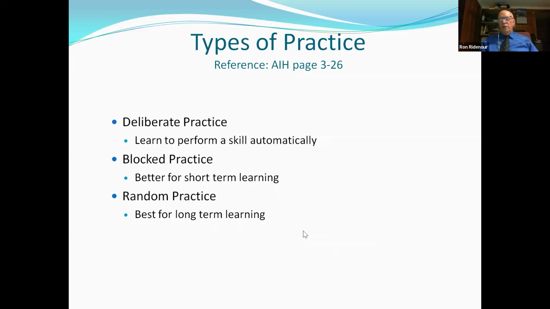Some days they come out in conditions that are less than ideal, and to practice in those different conditions will lead to longer-term learning and confidence that they can fly in different lift and sink conditions. They can fly in different wind conditions with confidence because now they have this random practice.